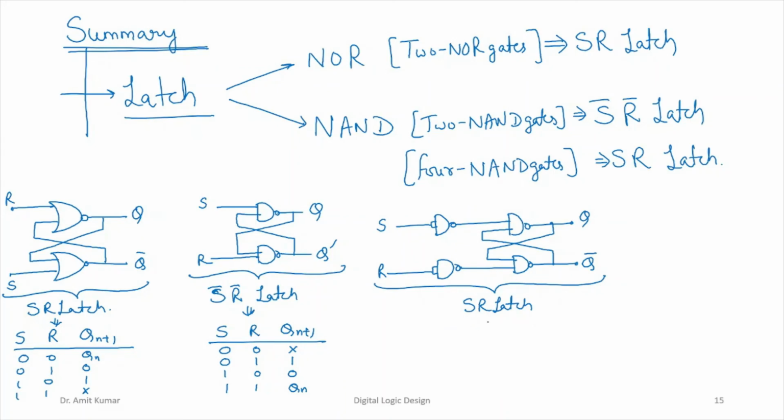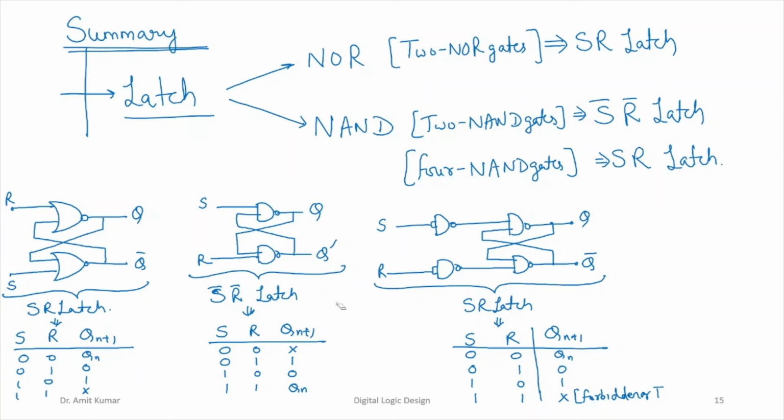If you look at this particular implementation and its characteristic table, S and R, then Qn plus 1, the final output: 0 0 will be the memory or hold state, 0 1 will be the reset state, 1 0 will be the set state, 1 1 will be the forbidden or indeterminate state, right?